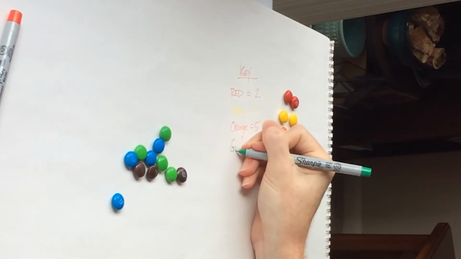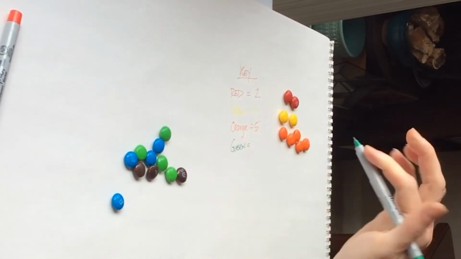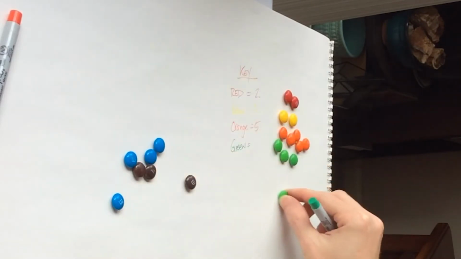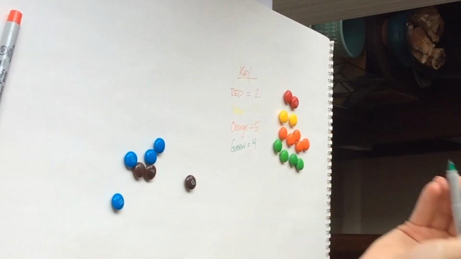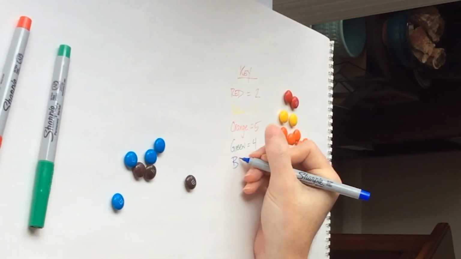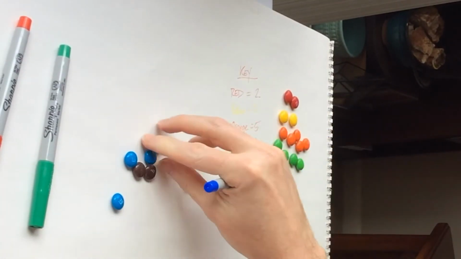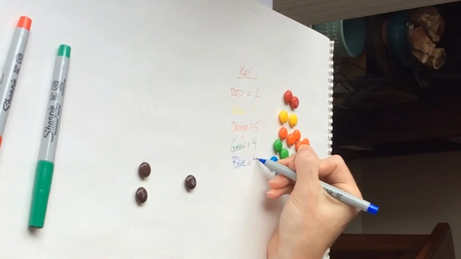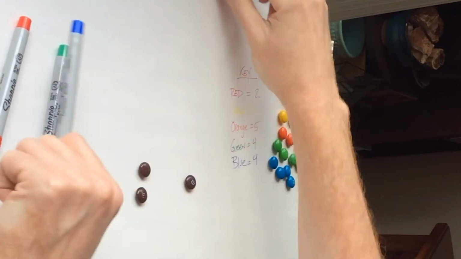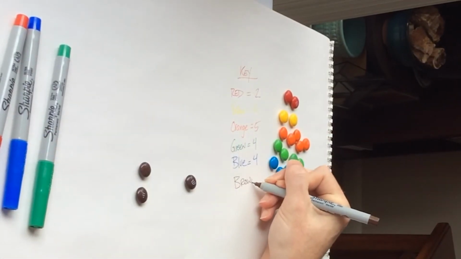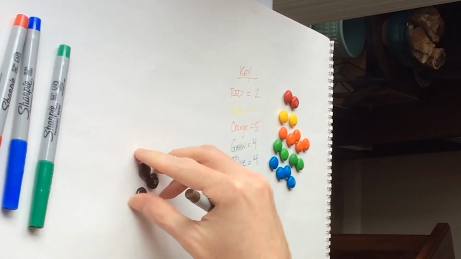Green equals 1, 2, 3, 4. Blue equals 1, 2, 3, 4 as well. And then last, brown is equal to 3.